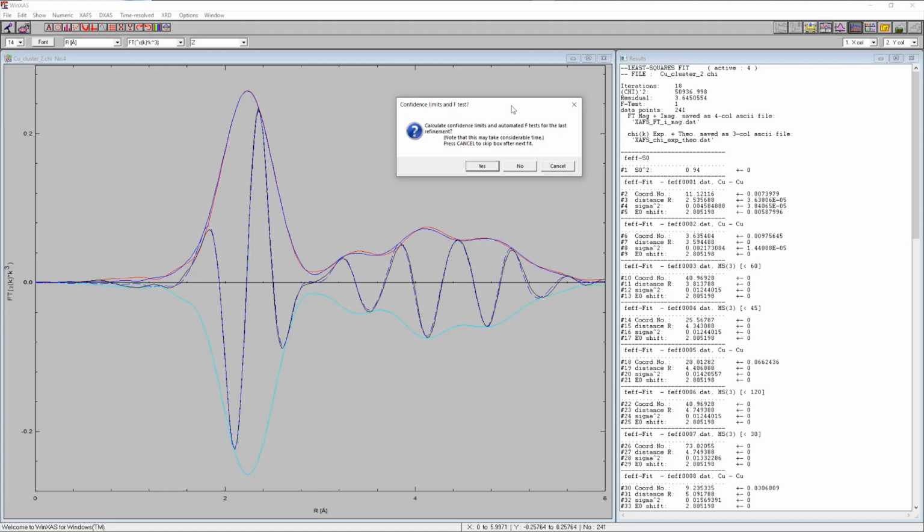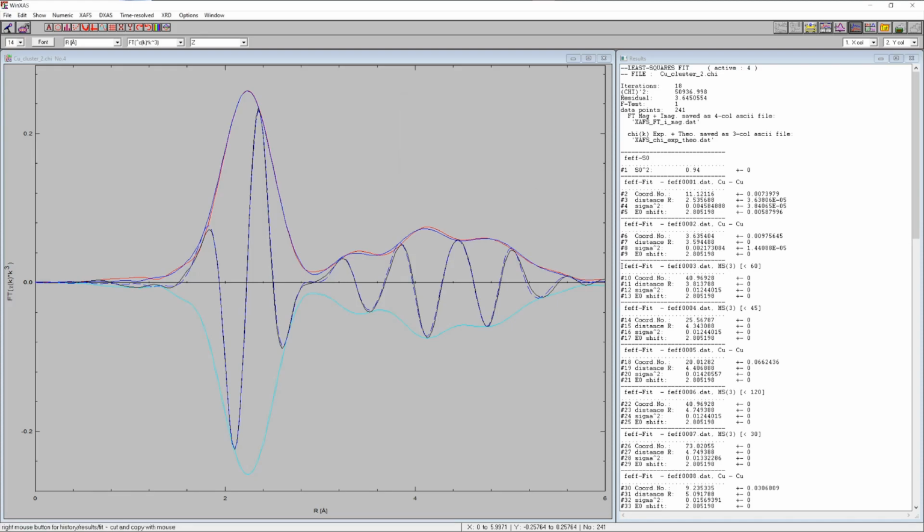They will basically result in very similar results to what we already saw with the copper foil: correlated coordination number and Debye-Waller factors, and still rather broad confidence limits. So if you want to see those numbers, then feel free to calculate that. I'm going to skip it here.